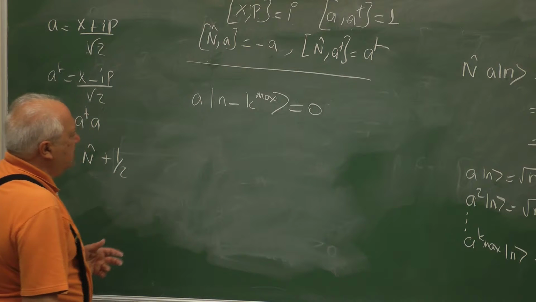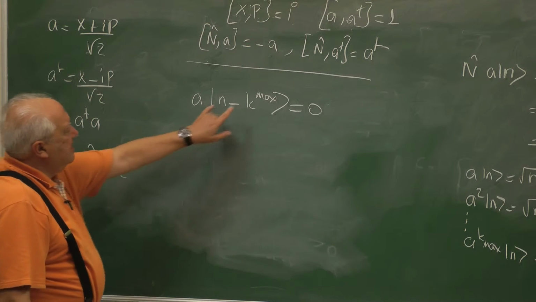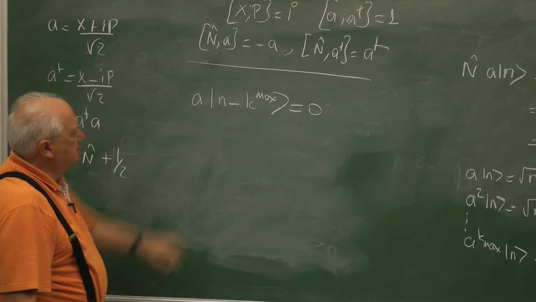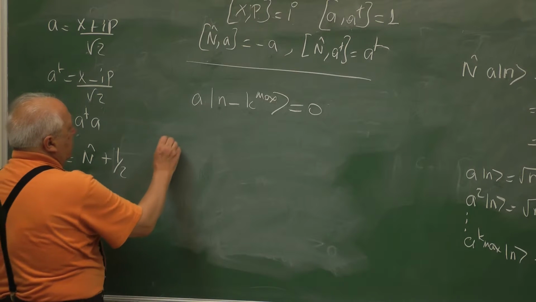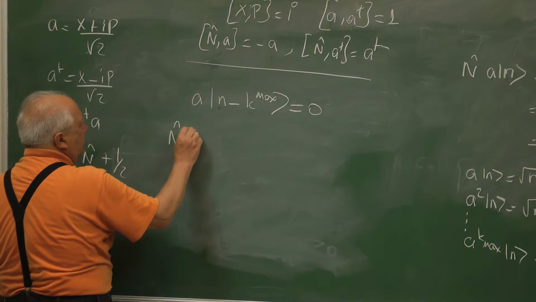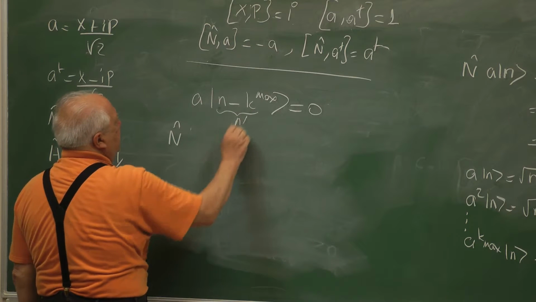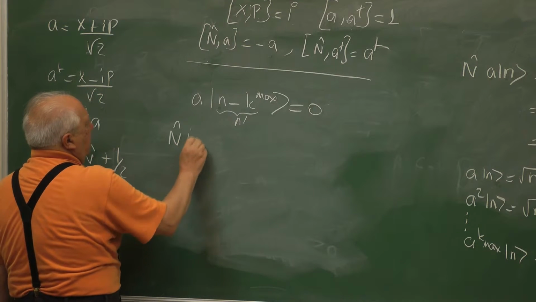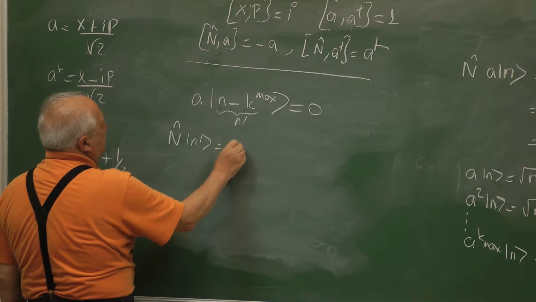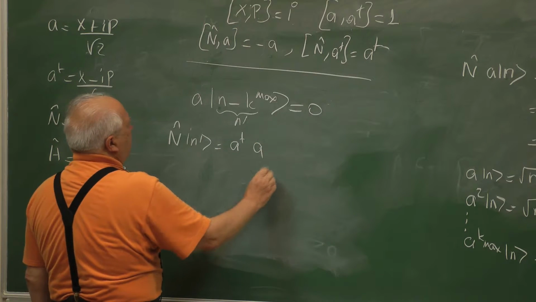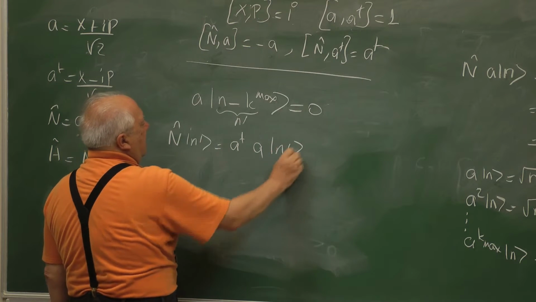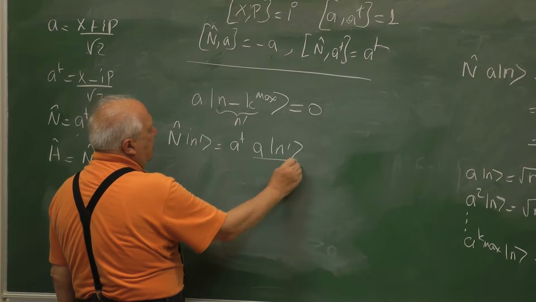Suppose this is correct. What is that eigenvalue? So let us apply n, let's call it |n prime⟩ if you wish. This is a† a acting on |n prime⟩, and by definition a|n prime⟩ is 0.